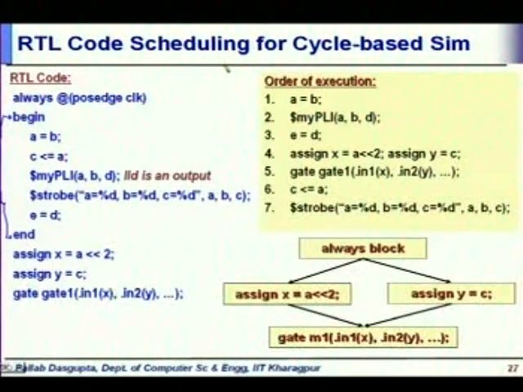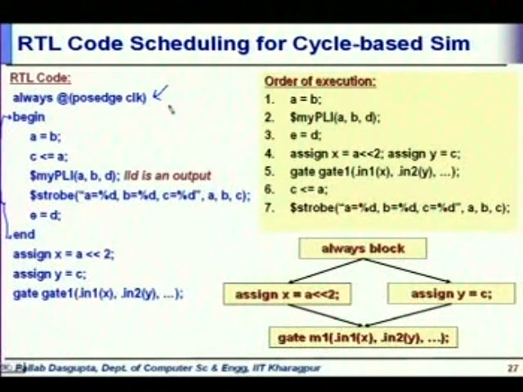Now, the sequence in which the simulator is going to work is like this: it is going to process the always block first. Remember that typically these always blocks will be guarded with some condition, like at posedge clock. This is not a necessity, you can have always blocks which do not have any guard condition.